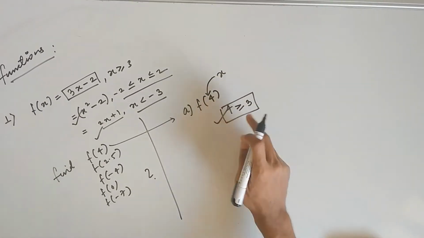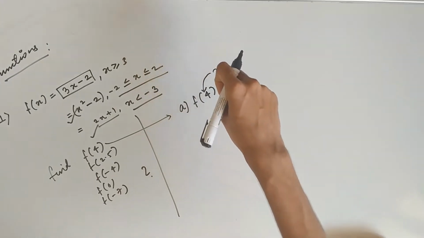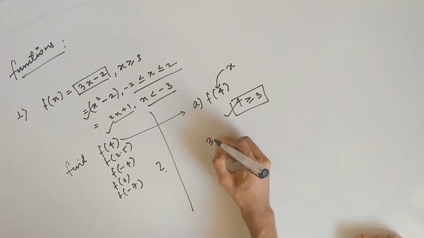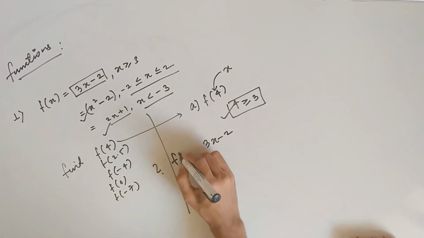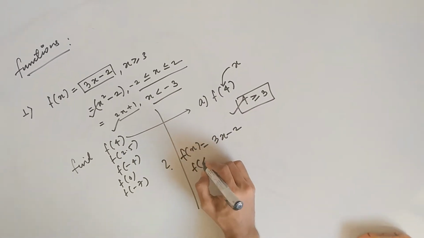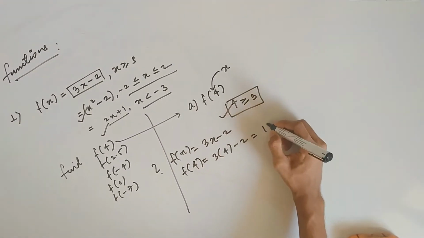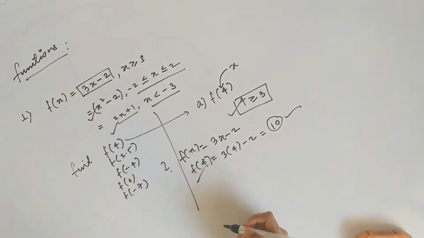So the corresponding function is 3x minus 2. So f of 4 will be 3 into 4 minus 2, which is 12 minus 2, equal to 10. So f of 4 is 10.